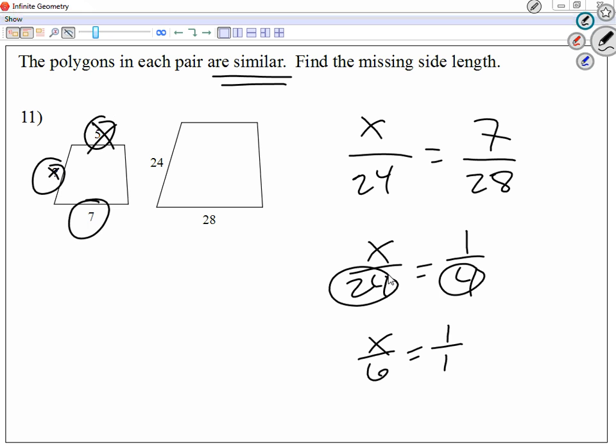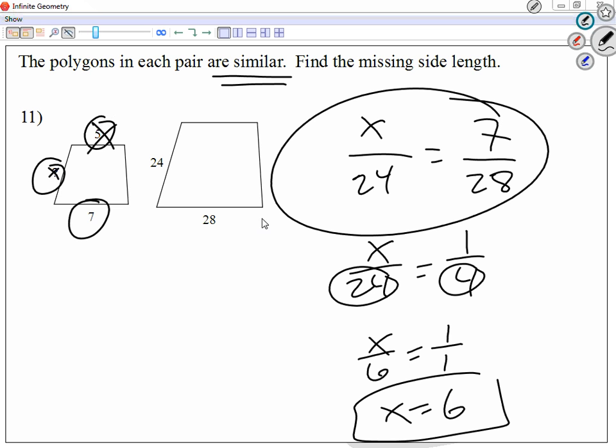If I cross multiply, what's x? X equals 6. If you have calculators, I guess from the first part, you guys could have just gone 28x, and then 24 times 7, which is 168.